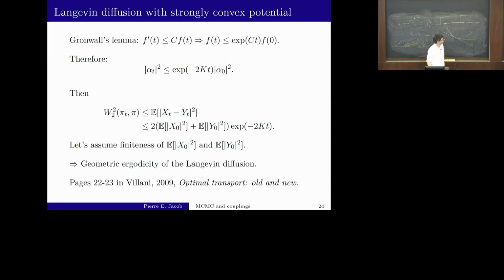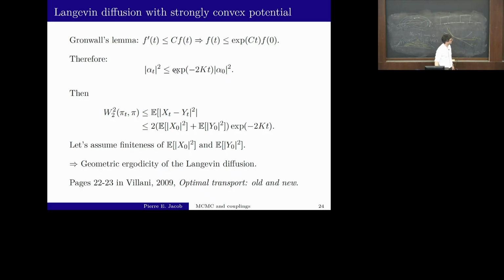And then what you get from there is you can apply Grönwall's lemma to say that if the derivative of the function f, which here is the squared distance between the two chains, is less than C f of t, then the solution of the differential equation will be less than the solution that you would get if you had the equality. And if you had the equality, it would be simple to solve. You get the exponential convergence.